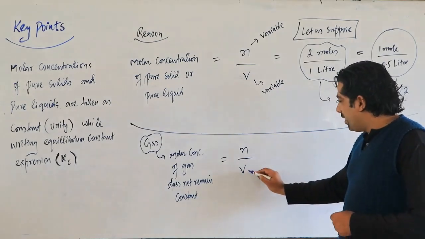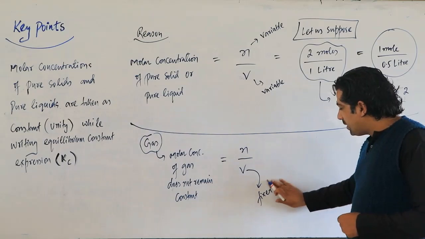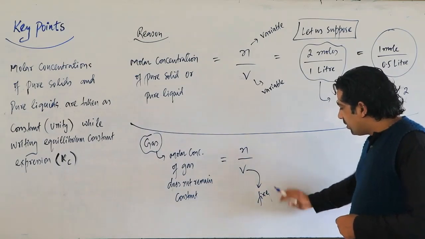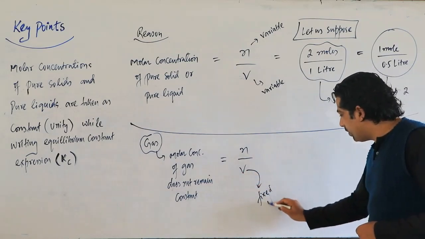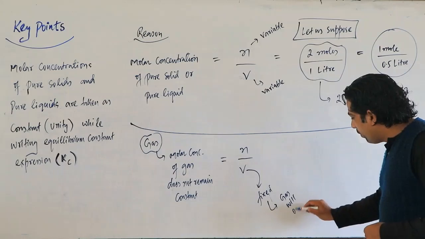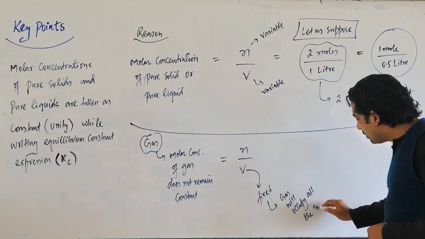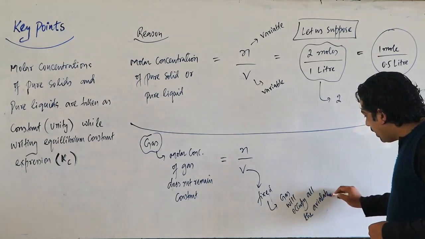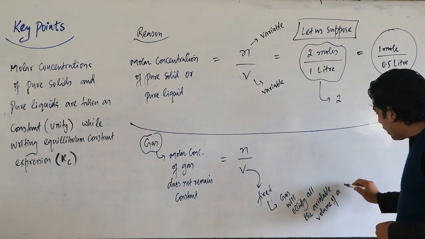And remember, here V is fixed, it's not variable. Why is the volume occupied by the gas fixed? Because, remember, gas will occupy all the available volume of a container.